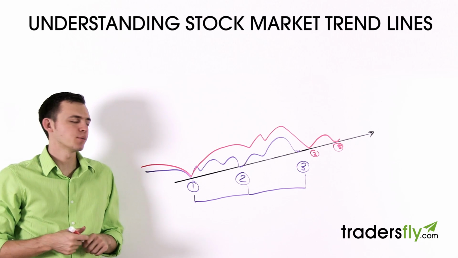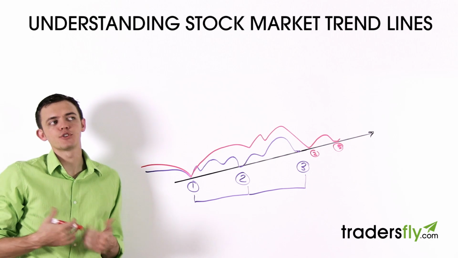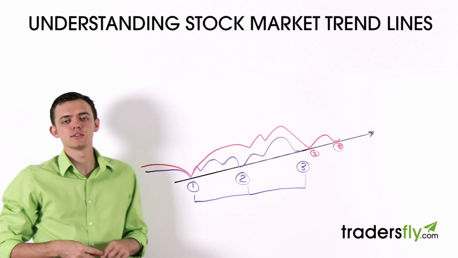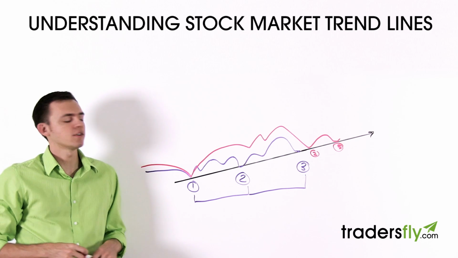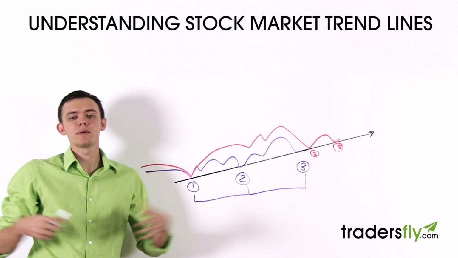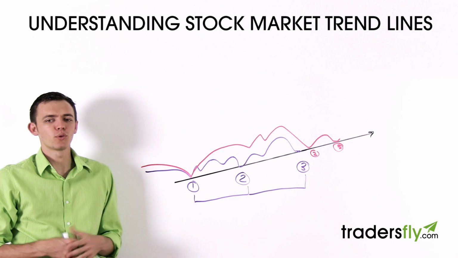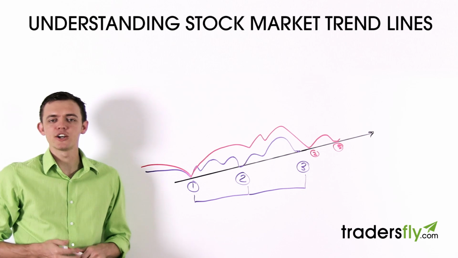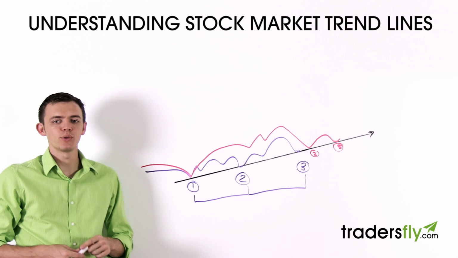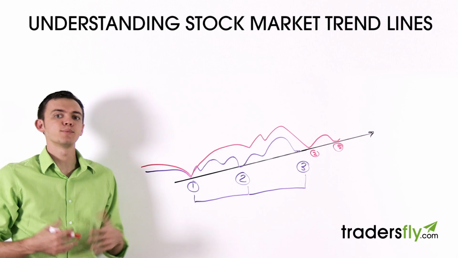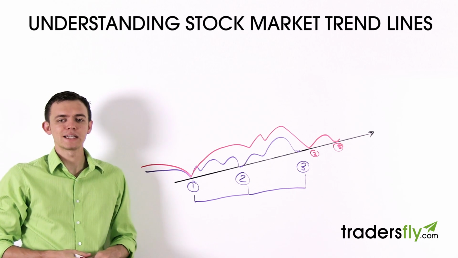That becomes a problem with trend lines because there's not enough room to establish those price levels. So be very careful if the spacing is way larger than it should be. The points should be closer or tighter together if possible, and that gives more validity to the trend line.